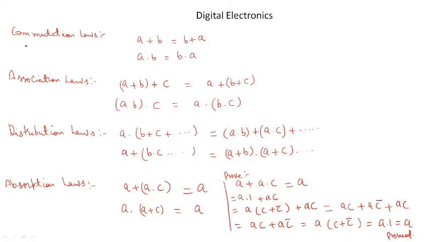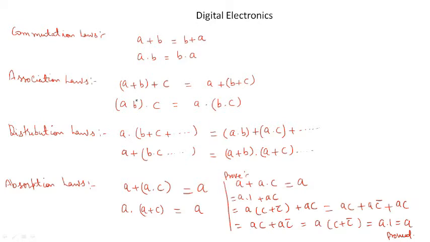There are some other laws which can be used in digital electronics. The first one is the commutative law. If there are two variables A and B, then by the OR operation we can write A plus B is equal to B plus A, meaning the position of the inputs under the OR operation can be changed and the output will remain the same.